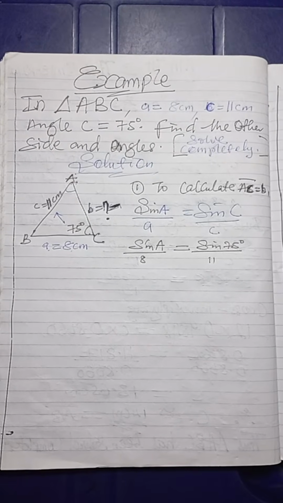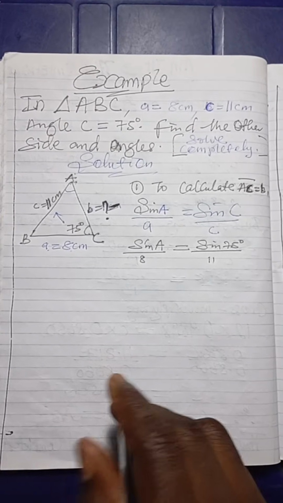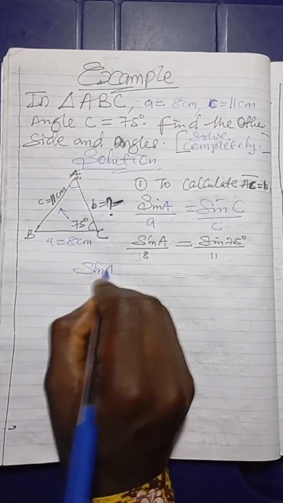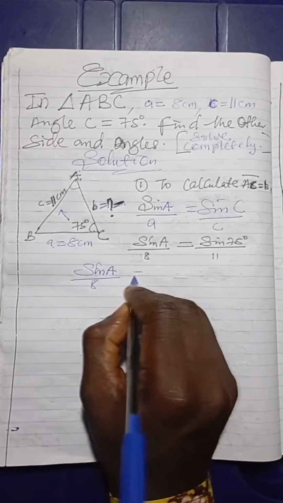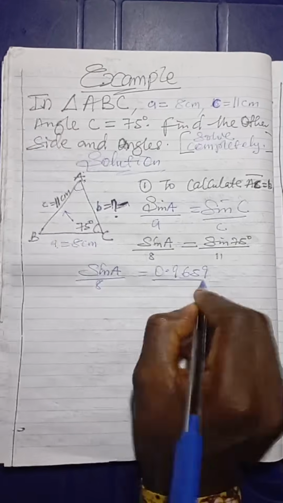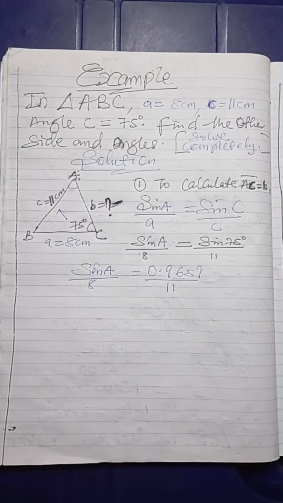Let's check the value of sine 75. This is 0.9659. Sine A over 8 is equal to 0.9659 over 11.